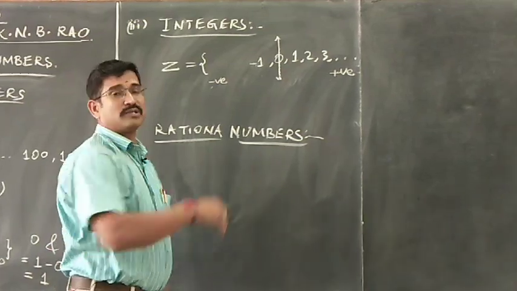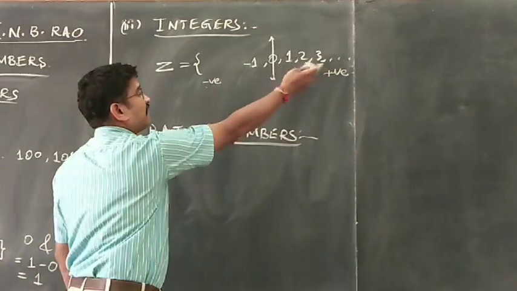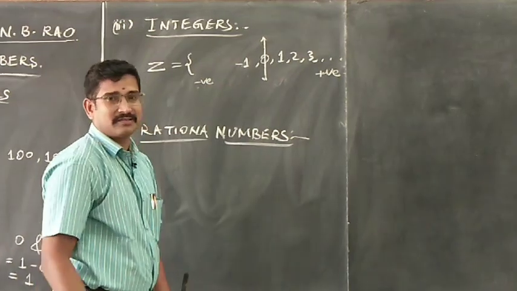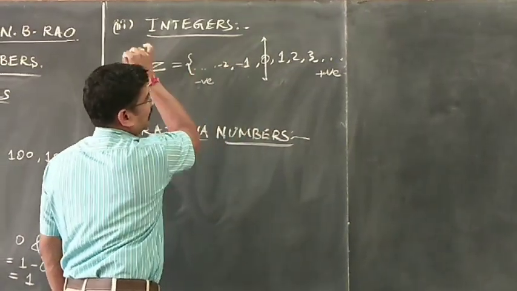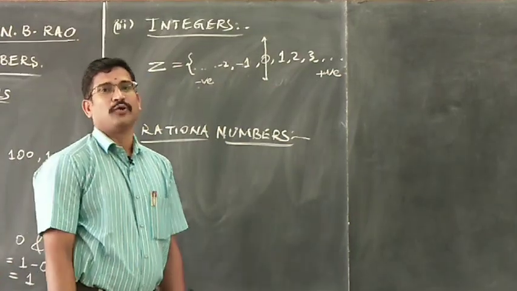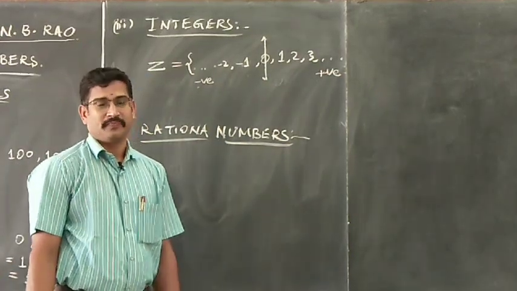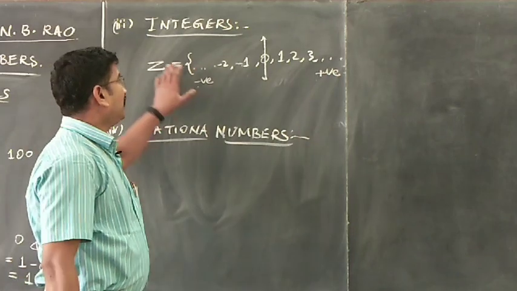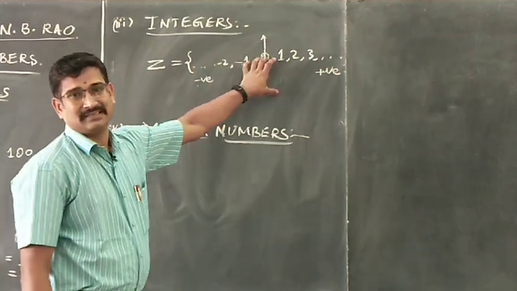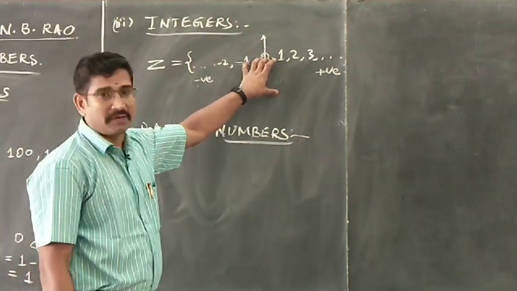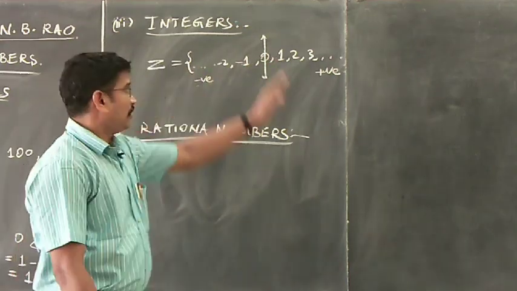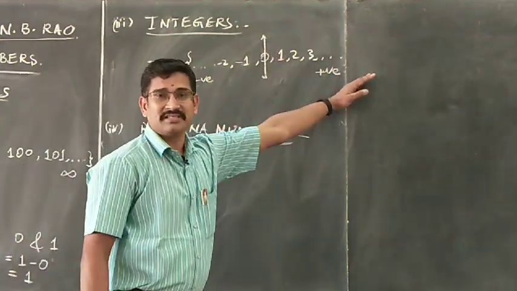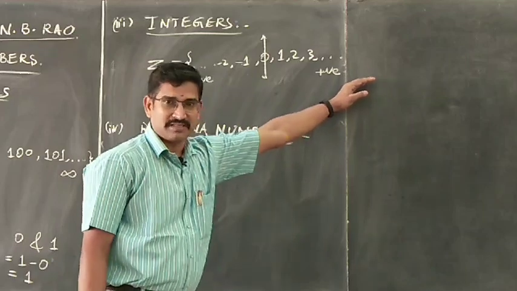So that is the reason why I am calling the images of these natural numbers the negative form of integers. Here all the integers can be subdivided into 3 sets. 1, positive integers, which are nothing but natural numbers.